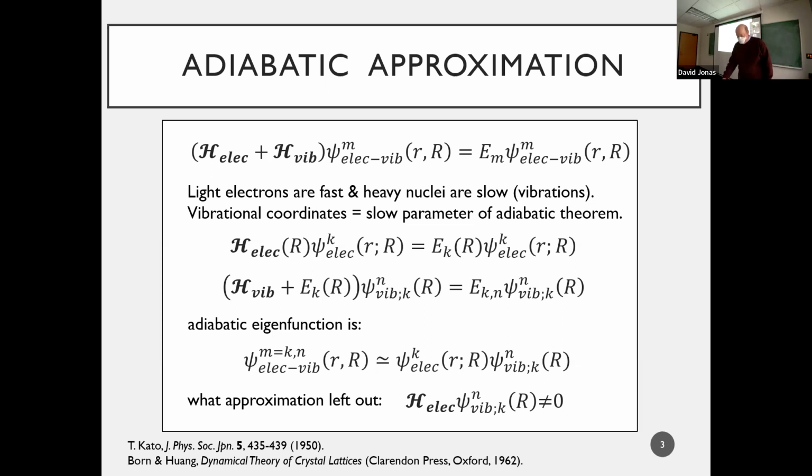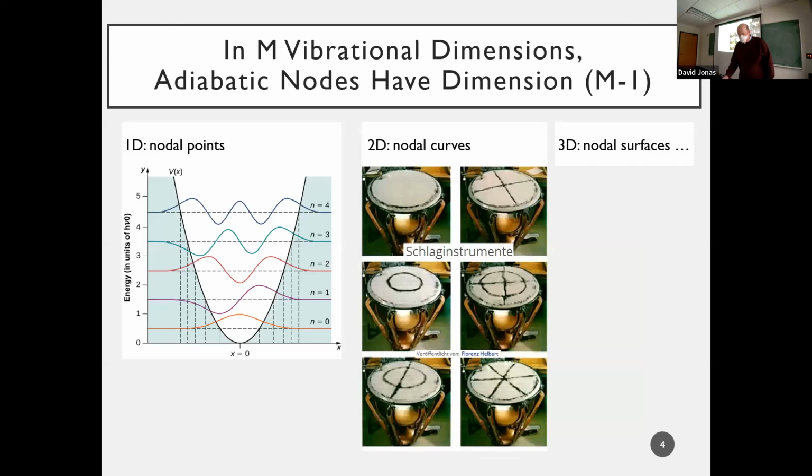That's the usual thinking. If you have an m-dimensional vibrational space, the adiabatic nodes will have dimension m-1: nodal points in 1D, nodal curves in 2D, nodal surfaces in 3D, etc.